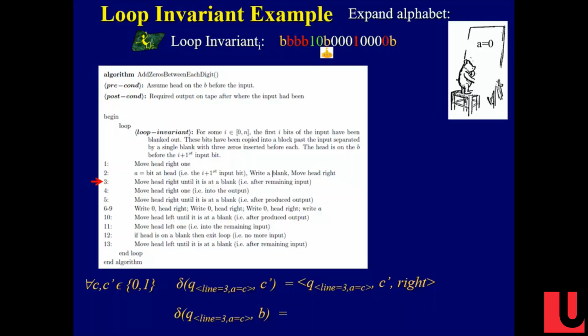Then I say for all C prime in 0 to 8, when I'm reading a C prime, do this. And then I say, well, when I'm reading a 9, do that. Does that make sense?